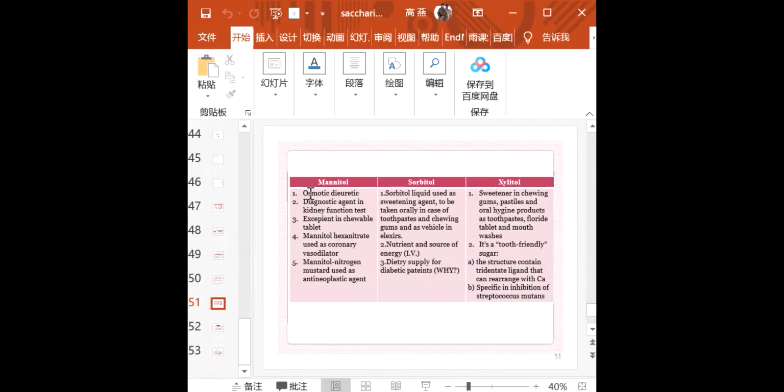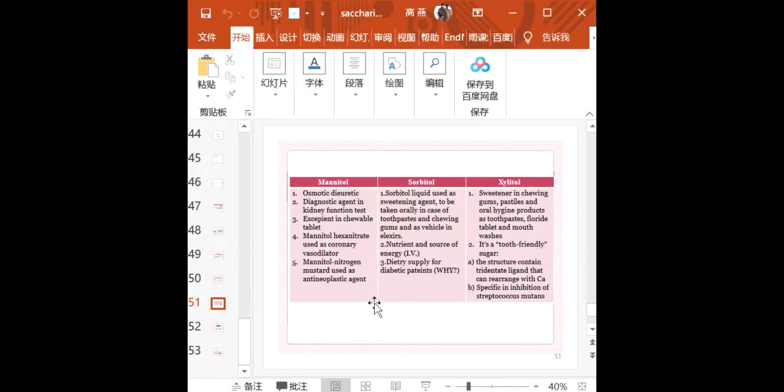And what's this used for is osmotic diuretic, and also a diagnostic agent in kidney function test. And it's an excipient in chewable tablets.